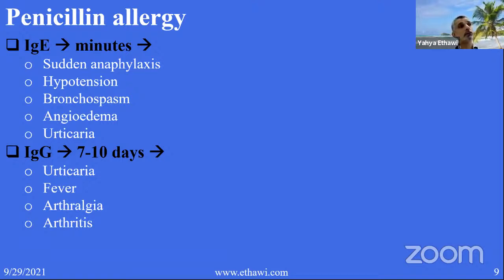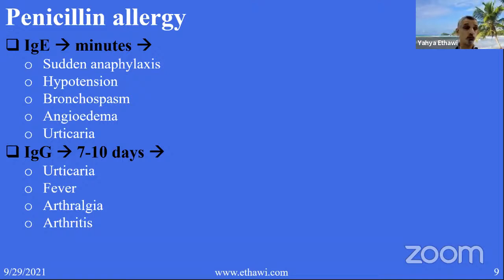Therefore, for any baby, even if there is no history of allergy and you want to give IV, it's probably better to give a test dose. If you want to give oral, you can also give a small dose and wait a few hours before you start the medication. In the hospital, you can give a test dose, which takes about 1 hour to see the result.